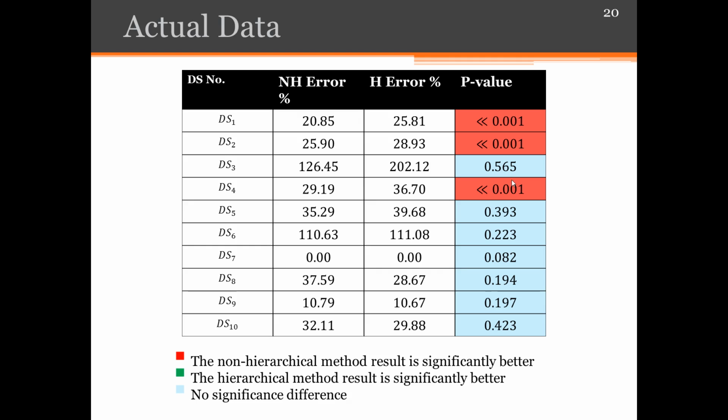And if you pay attention to the error rate of non-hierarchical and hierarchical method, we can see as the datasets grow bigger, the difference between the non-hierarchical and hierarchical error rate decreases, and even in the bottom three datasets, which are the biggest datasets, the hierarchical method was able to reach even lower error rates.